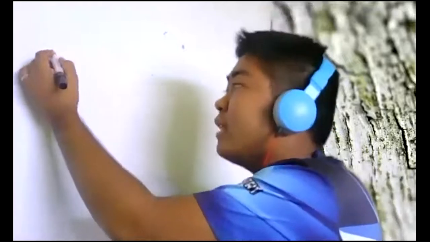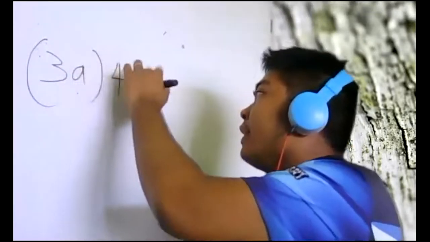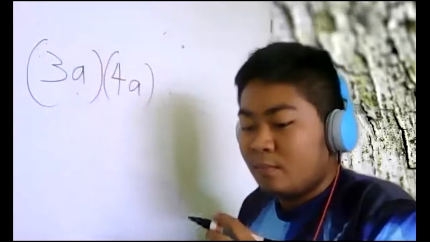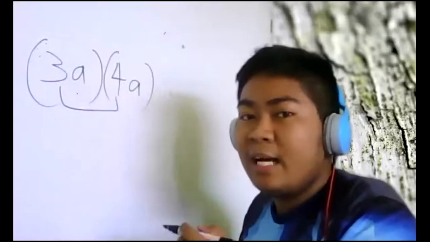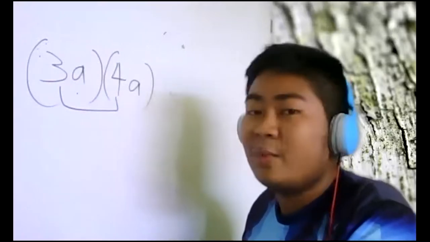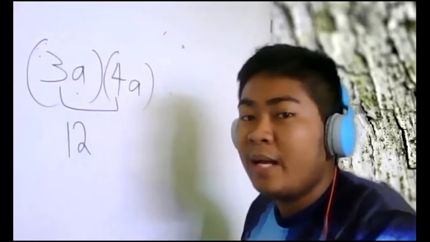So di ba in multiplication, kung meron tayong 3a, multiply it by 4a. Ang gagawin natin dito is to multiply the numerical coefficient, which is 3 times 4. That will give us the answer 12.